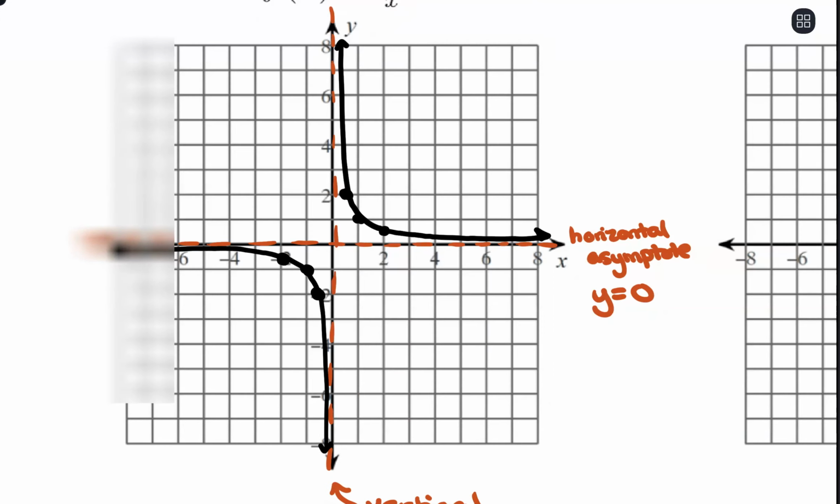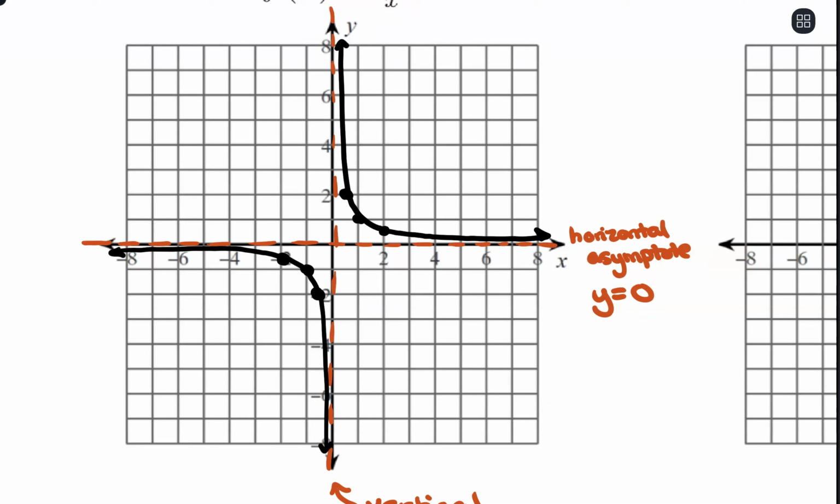So reading from left to right on our graph, where we have this vertical asymptote that we can't cross at x equals 0, we have this horizontal asymptote at y equals 0. What's happening is, from the left-hand side, we're coming from just below 0, and then our function connects with those coordinates, -2, -1/2, -1, -1, -1/2, -2, and then it goes off to negative infinity as we get closer and closer to that x equals 0, but we can't equal x equals 0.